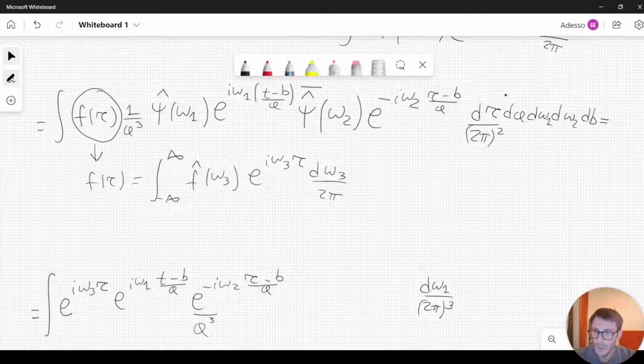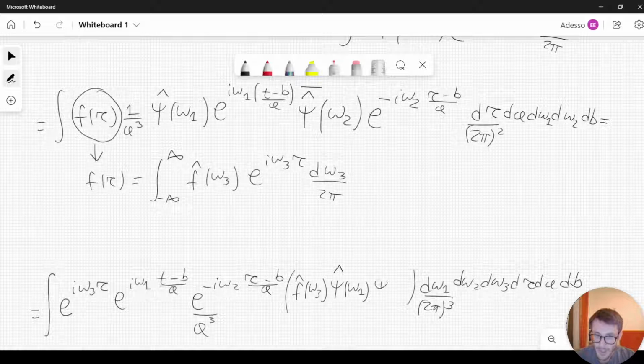The order of these differentials doesn't matter: d omega 1, d omega 2, d omega 3, d tau, dA, dB, and then f hat of omega 3, psi hat of omega 1, and psi hat bar of omega 2. So you see we have 6 integrations.